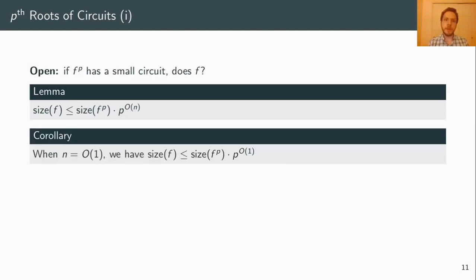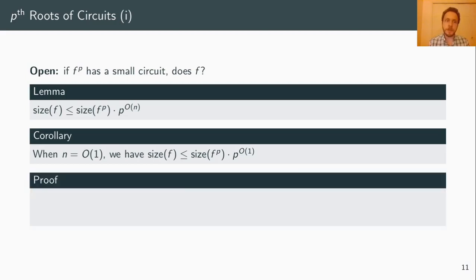Namely, when the number of variables is bounded by a constant, we can take a pth root and incur a blowup which is only some polynomial in the characteristic. And if you're thinking of the characteristic as being 2, this is saying that we can take a pth root, in fact a square root, and only blow up the size of our circuit by a small constant factor, which is more or less the best thing you could hope for in this area.